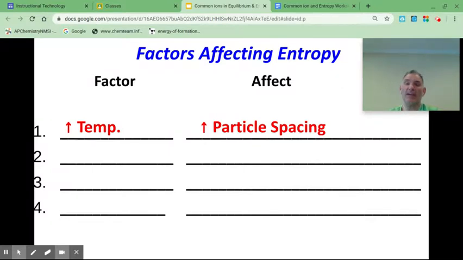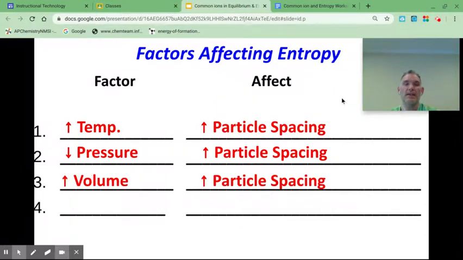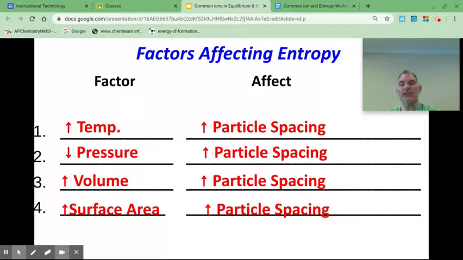So my particle space increases, entropy increases. But I could also apply other reaction concepts. I can decrease the pressure. If I take my box, right, and I decrease the pressure, I'm increasing volume, right? Well, if they get further apart, I'm increasing spacing. Entropy goes up. That's why pressure and volume go together. And lastly, if I increase the surface area, I'm also increasing particle spacing.